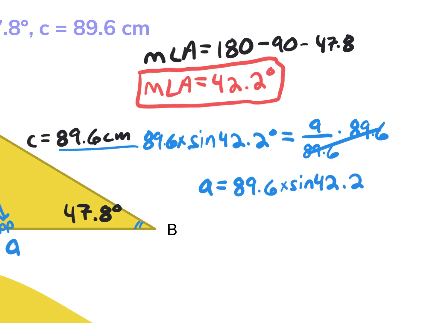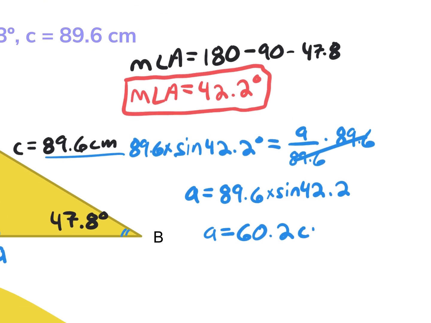All right, so then you use your calculator, 89.6 times sine of 42.2. What does that get you? To 1 decimal place. Nice, 60.2. And then the unit here is centimeters.